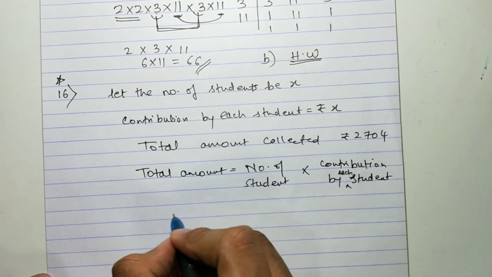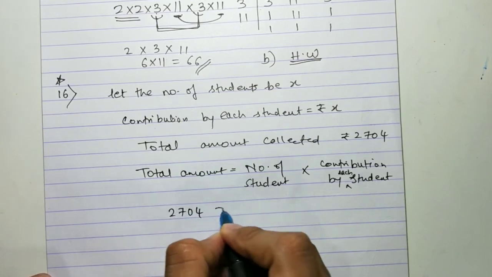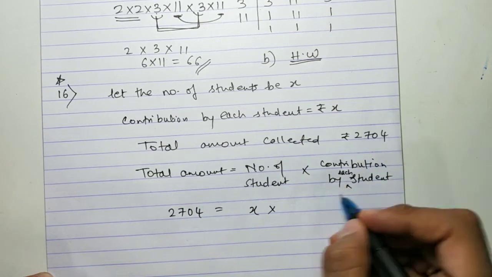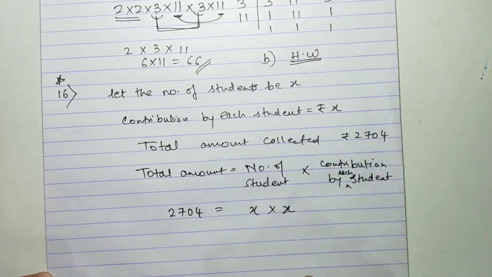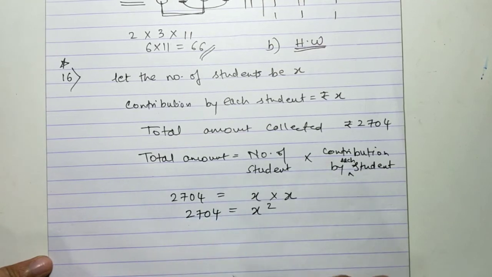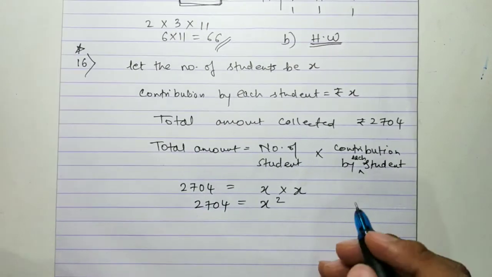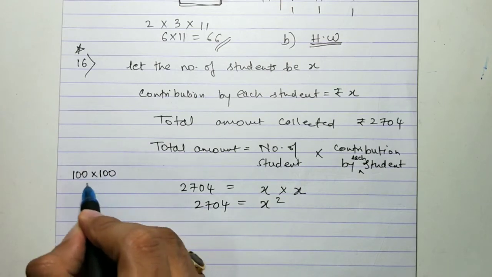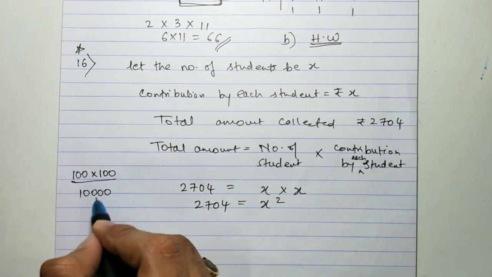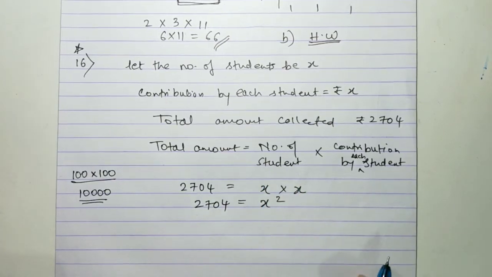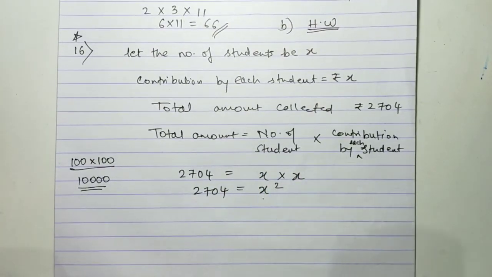So total amount they have told is 2704. कितने स्टूडेंट्स गए थे x, कितना कॉन्ट्रीब्यूशन था एक स्टूडेंट का x रुपीज़. So this will become x square. समझ में आ रहा है? If 100 स्टूडेंट्स गए थे और हर स्टूडेंट ने 100 रुपीज़ दिए तो total collection 10,000 रुपीज़ का. In the same way x students went and each student gave x rupees, so x into x becomes x square.